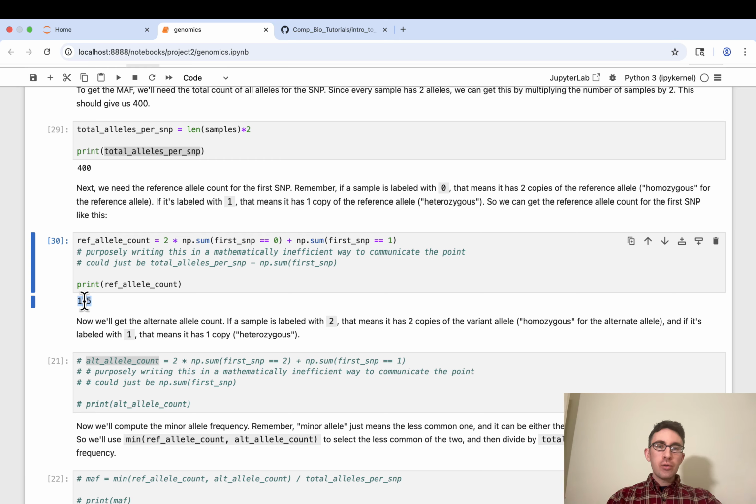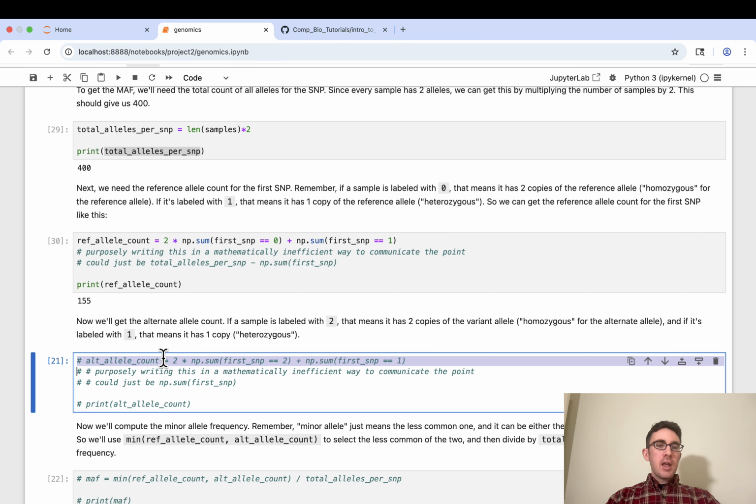But just for educational purposes, I am going to explicitly do the count, to make sure we understand what we're counting, even though it's not the most efficient way.